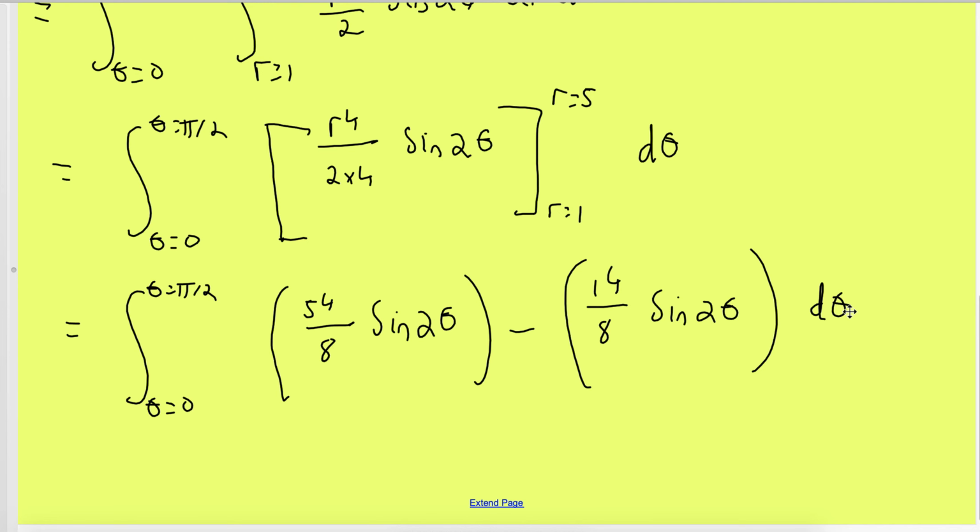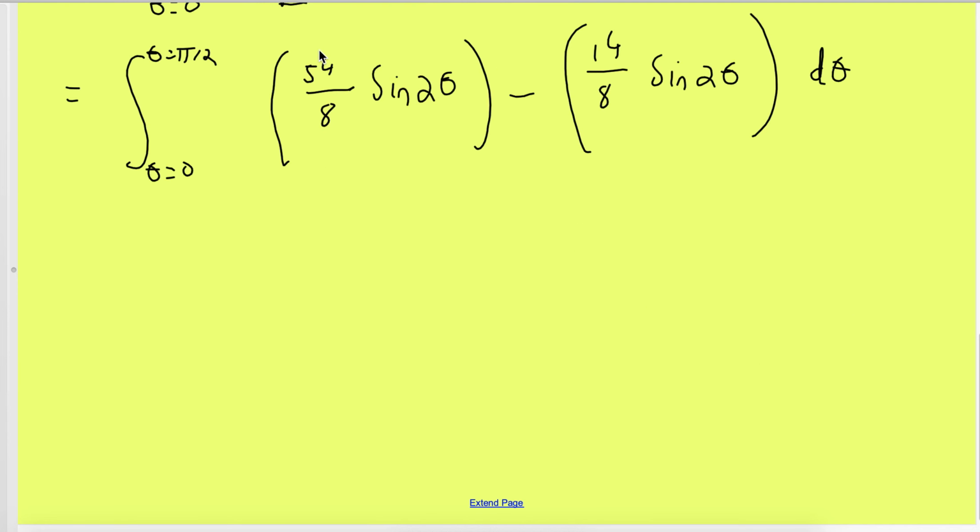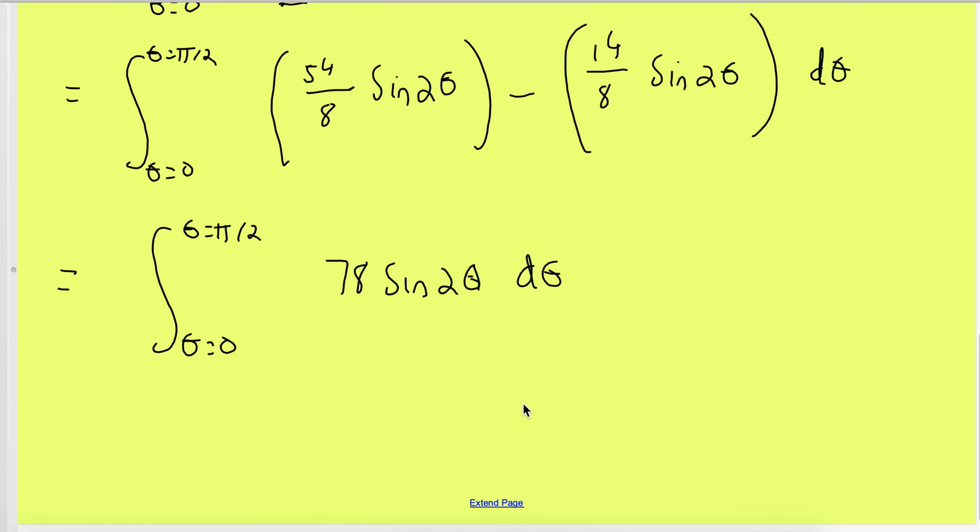If I evaluate that and take away that, it gives me 78 sine 2 theta d theta.